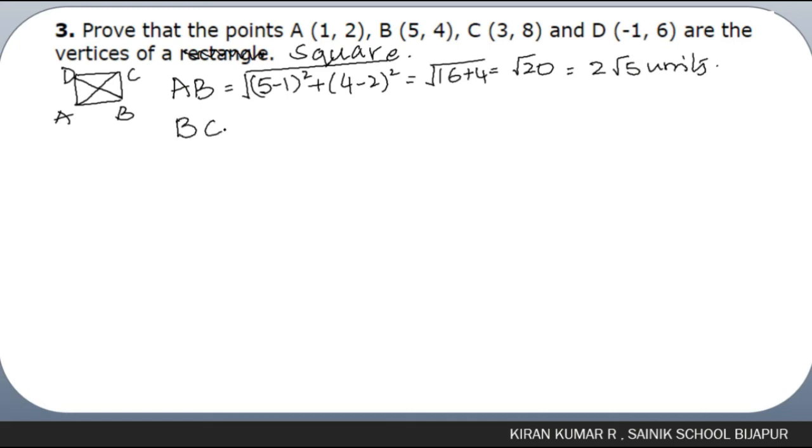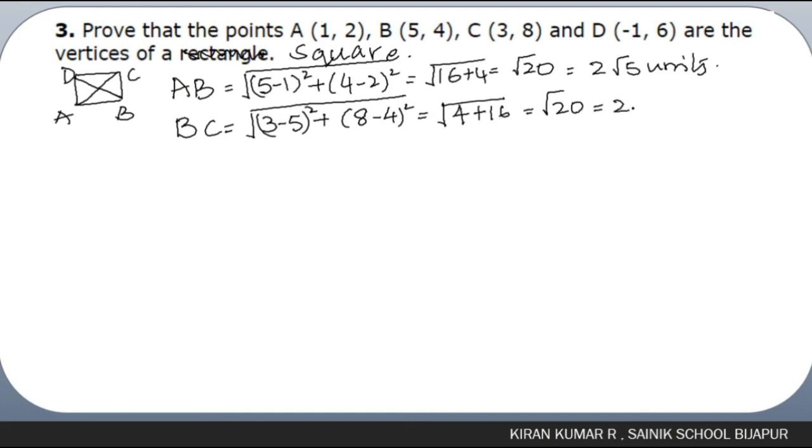The length of BC here will be 3 minus 5 whole square plus 8 minus 4 whole square. We get it as root of 4 plus 16, nothing but root 20. We got the same 2 root 5 units.